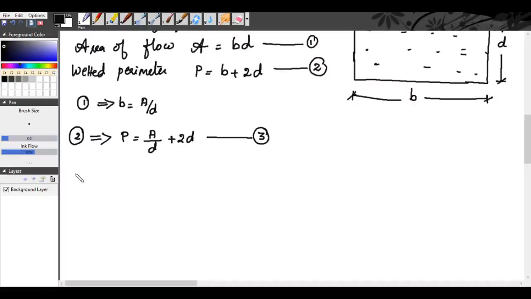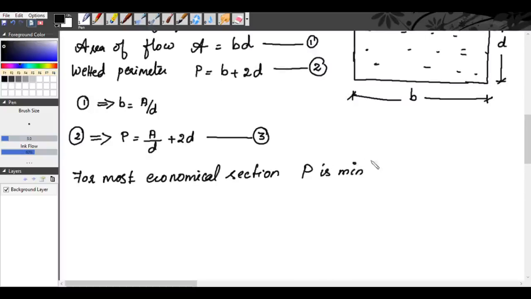So our condition for the most economical section is that the perimeter P is minimum for a given area. Perimeter should be minimum for the given area, so we are trying to vary this D. We are differentiating this perimeter with respect to D.